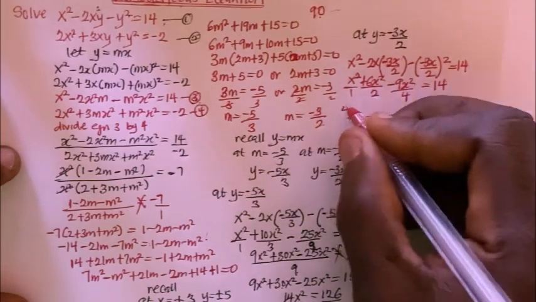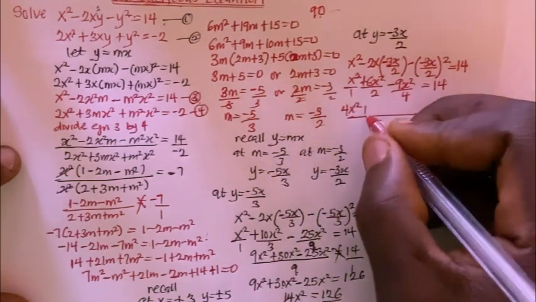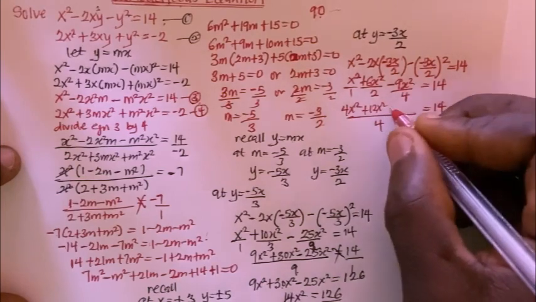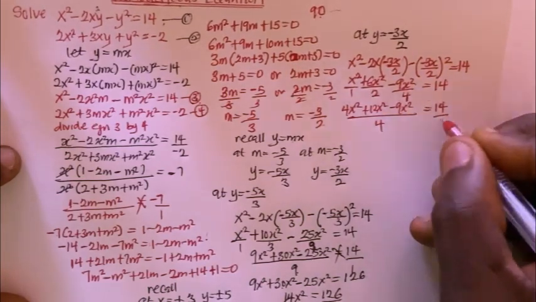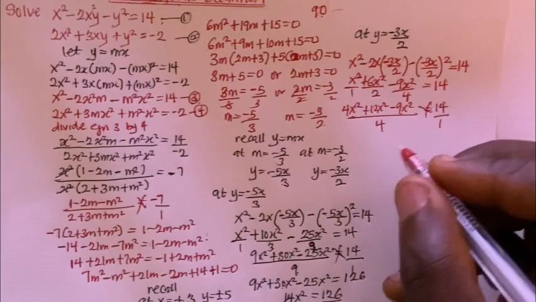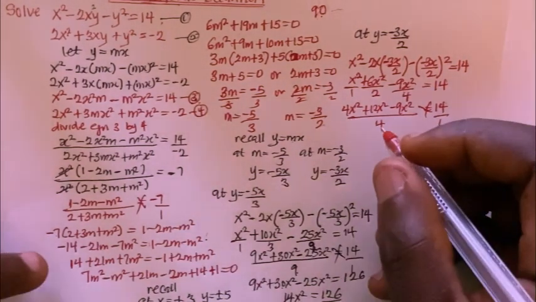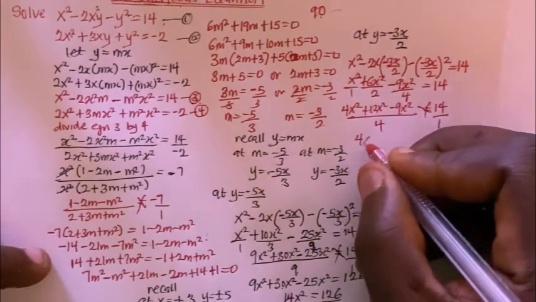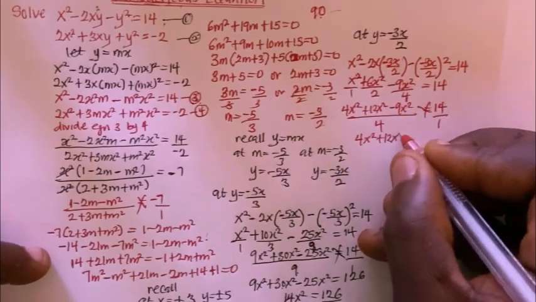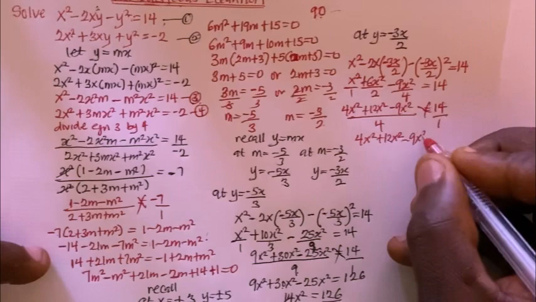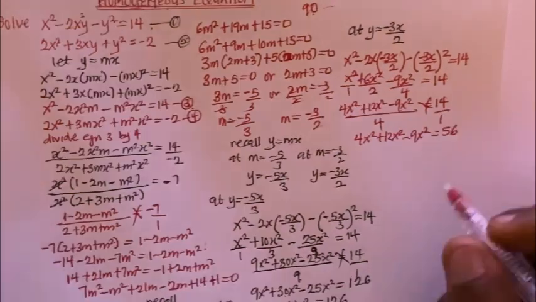So we are going to have 4x squared plus 12x squared minus 9x squared equals 14. Now let's just cross multiply: 14 multiplied by 4 is 56. So here I'm going to have 4x squared plus 12x squared minus 9x squared equals 56.